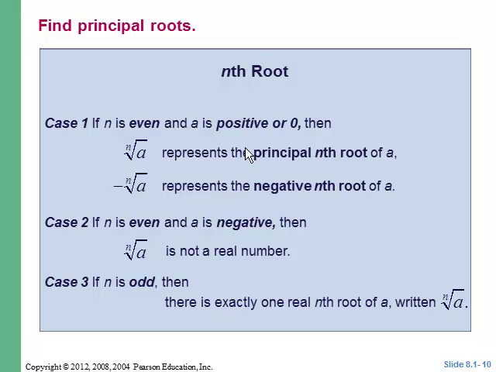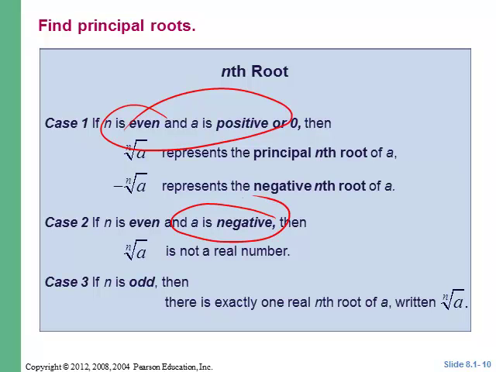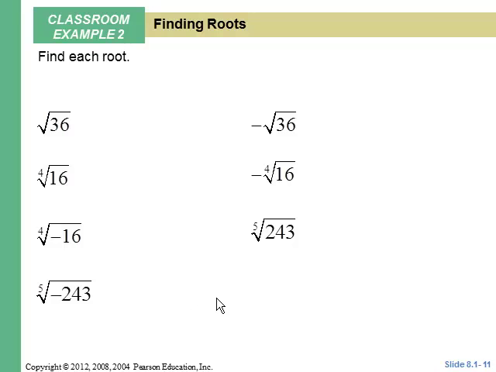Okay, so the principal square roots: if it's even and the number is positive, then it's going to be a positive number. If the number is negative and if it's even, then we would say there is no solution. If it's odd, it doesn't matter. There's always a root. So this would be 6. This would be 2.